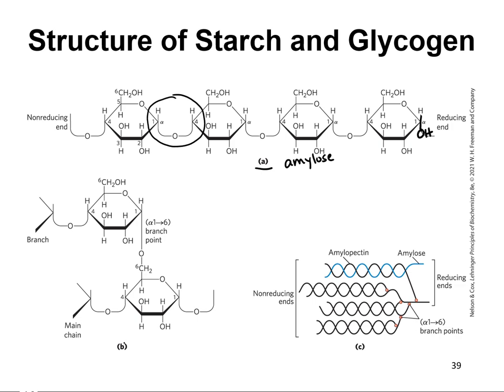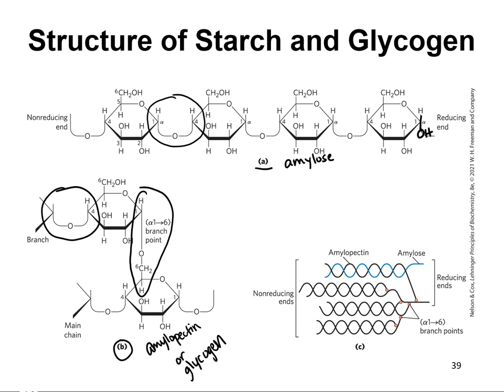But B is a better representation of amylopectin or glycogen, because we see the 1,4 linkages, and we also see branch points, and that's the alpha-1,6. So that kind of introduces a turn so that you can fold the glucose molecules back in on itself, and that chain can kind of start going in the opposite direction.